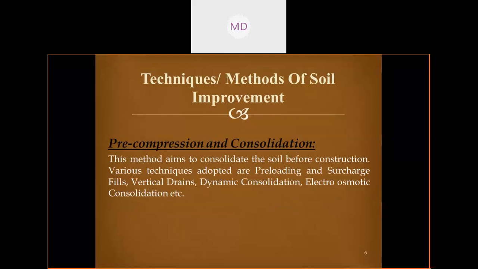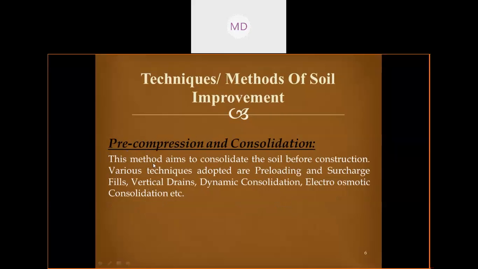Next is pre-compression and consolidation. Consolidation you all know, and compression also you all know. So this method aims to consolidate the soil before construction. Since you can see here, pre is added: pre-compression and consolidation. Pre means before.